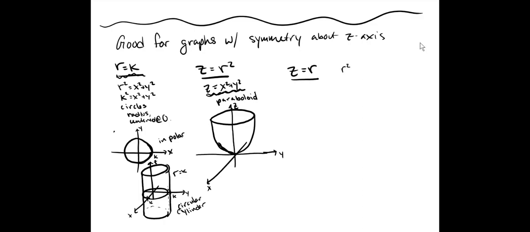If r squared equals x squared plus y squared, then r equals the square root of these things, and z equals r is just z equals the square root of x squared plus y squared. So square both sides, and you'll notice this equals x squared plus y squared.